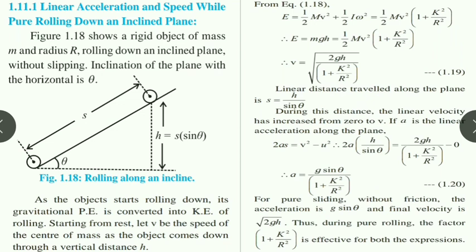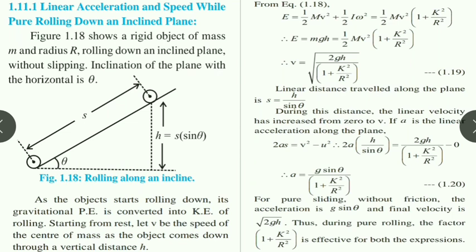Now, we are going to derive an expression for linear speed and linear acceleration for a rolling body. So consider a rigid object of mass m and radius r rolling down an inclined plane without slipping.